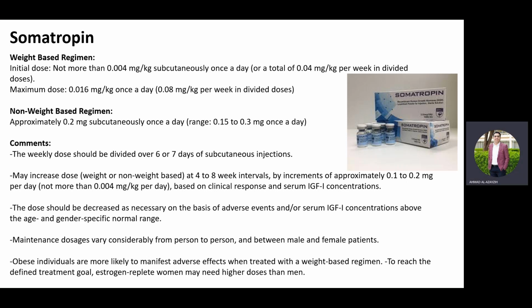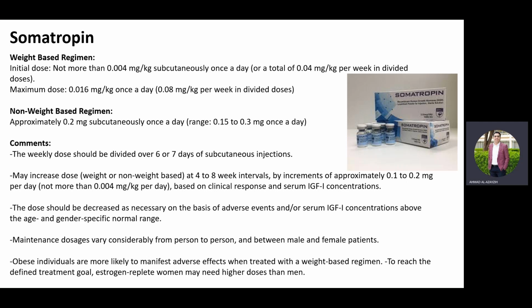Non-weight based regimen, just directly give 0.2 milligrams sub-Q once daily. Okay, that's it. Either you go by weight or non-weight. Of course, when I share the product Norditropin, you can see there's a weekly dose, or you calculate the daily dose.